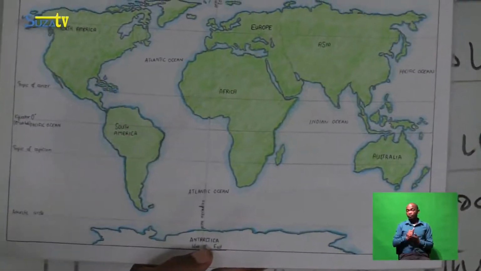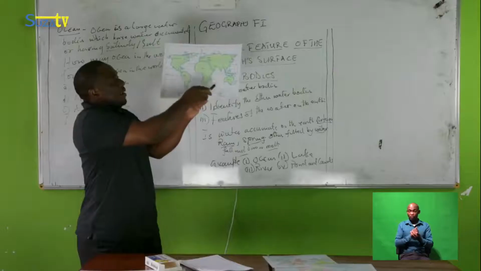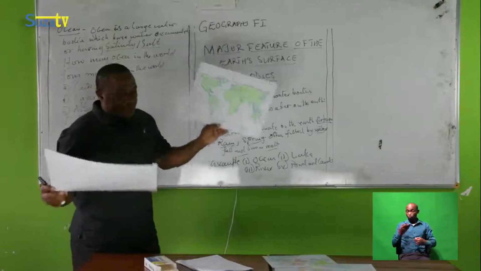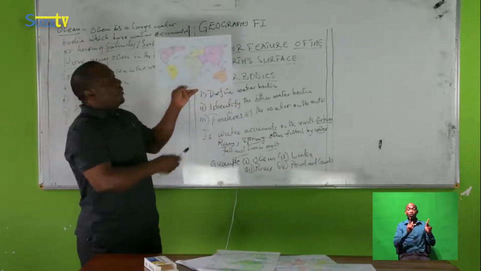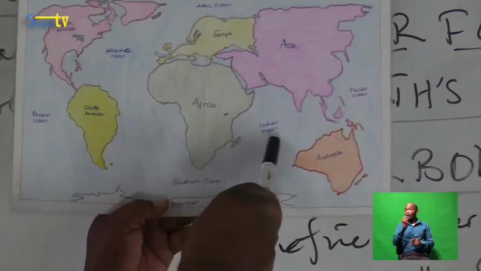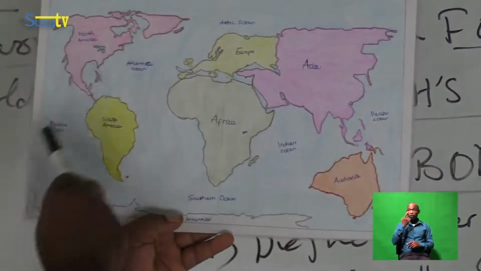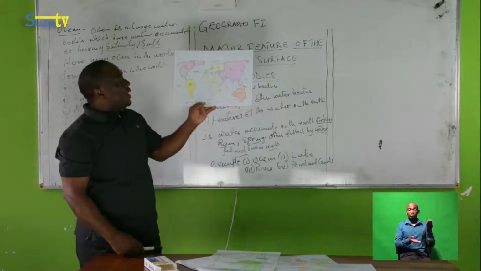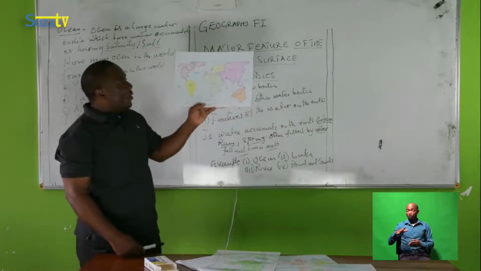This map shows the distribution; I show it in white in order to be clear, but the ocean color is blue. This is the Indian, Atlantic, Pacific, and this Pacific also, and this is the Atlantic. These are the major oceans in the world, which surround the seven continents.